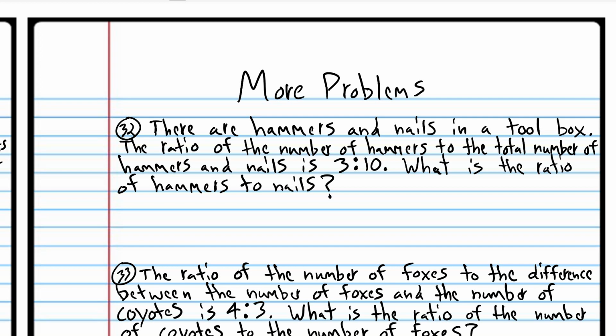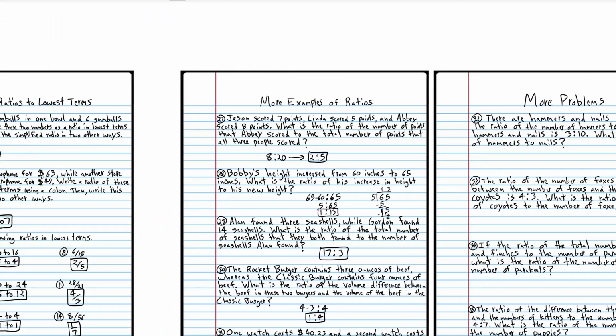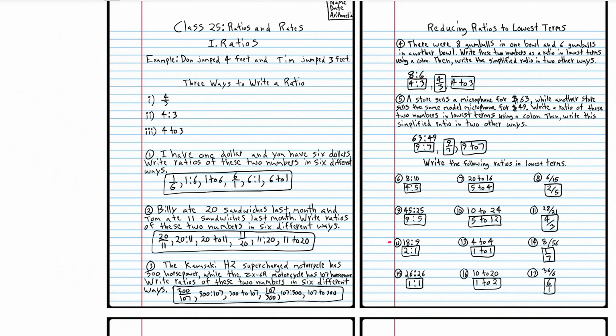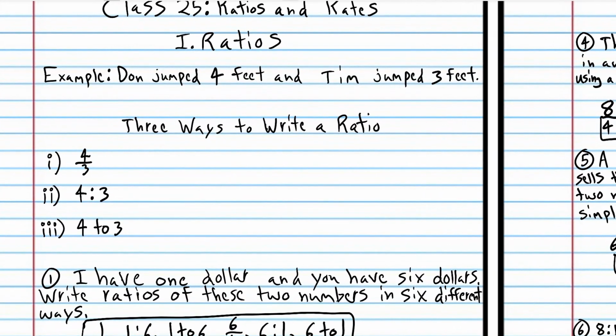Now, before we do this problem, I want to mention something. Technically, ratios are supposed to have the same units. What I mean by this is all the previous problems that we did, the two numbers always had the same type of units. For example, Don and Tim, they both jumped a certain number of feet. We had feet and feet. They were the same units.